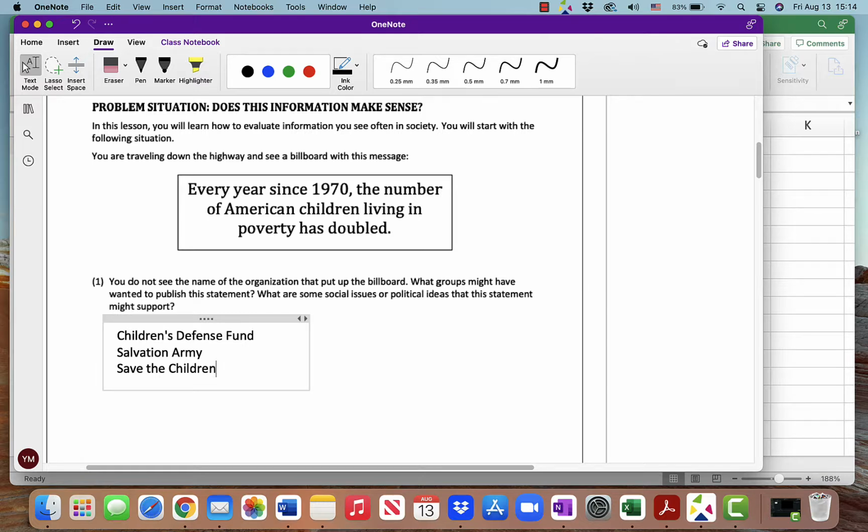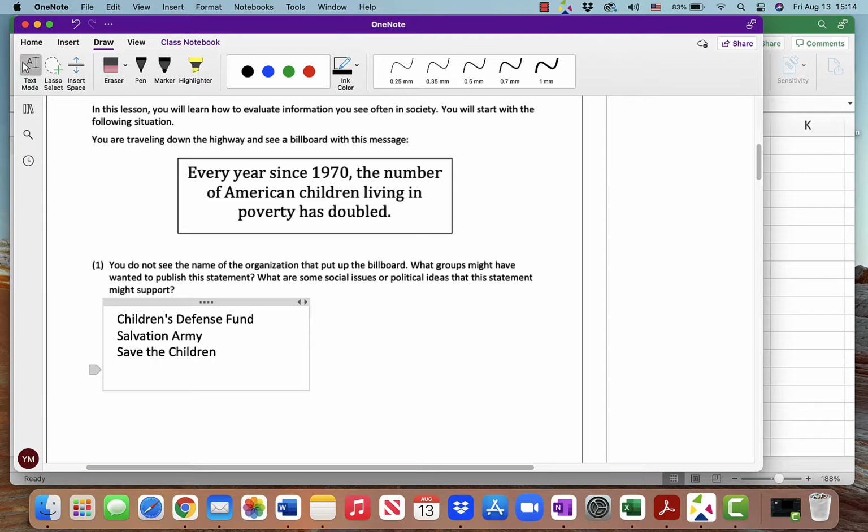And maybe I'll list one more, Feeding America. As the name implies, it's about addressing hunger in the United States in particular that provides meals to people in need.